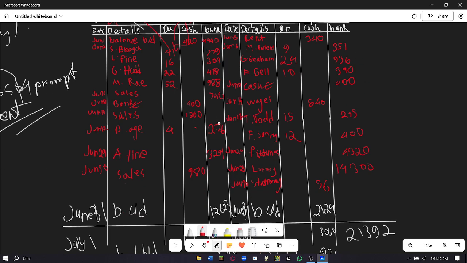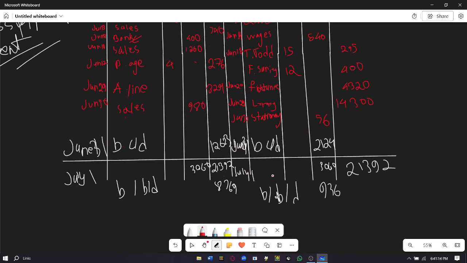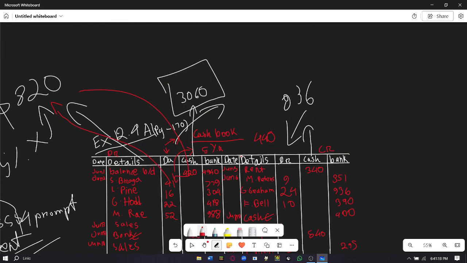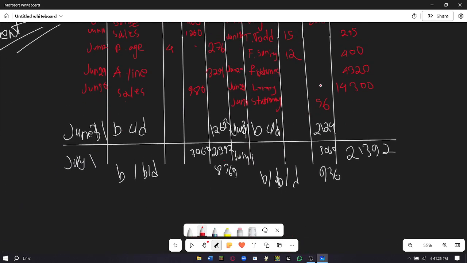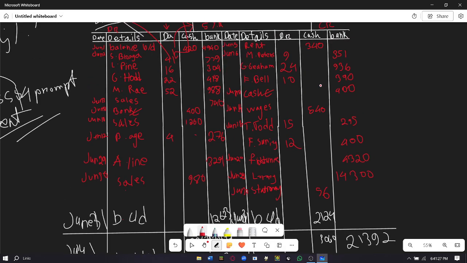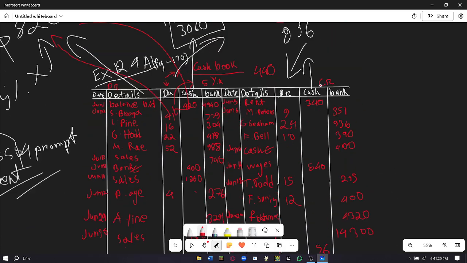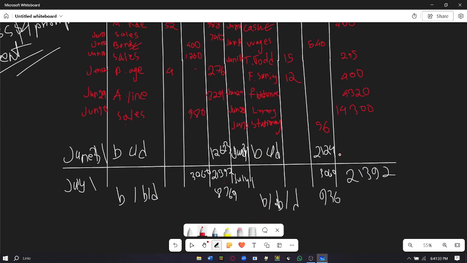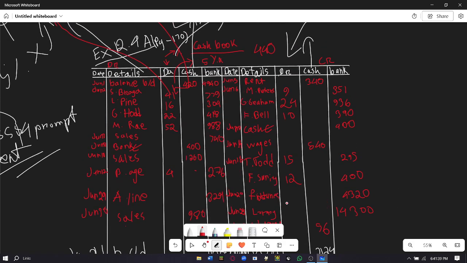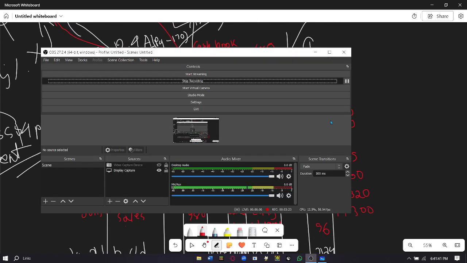The bigger one you put as the total cash value on both sides, and the next line, take it as balance c/d. Take the smaller one, subtract it from the bigger one, and what value you get is your balance c/d. After that you do the same for bank with balance c/d, and for balance b/d you just take the original values and put them there. That's basically it. Okay, I'm going to take a little break because of prayer.